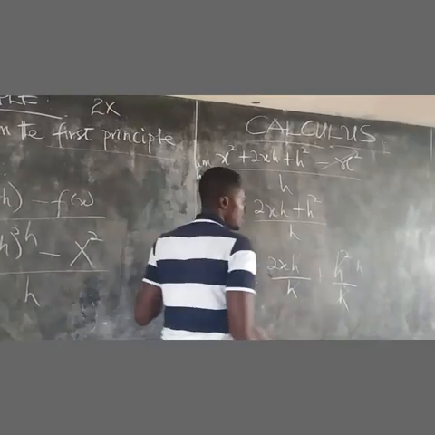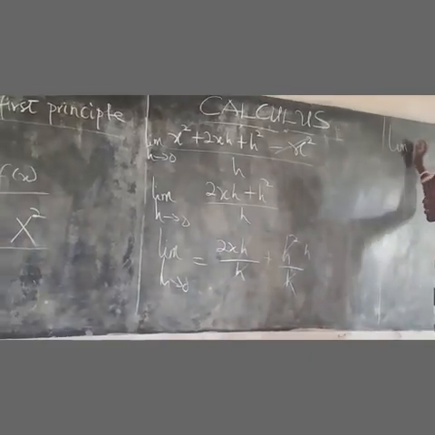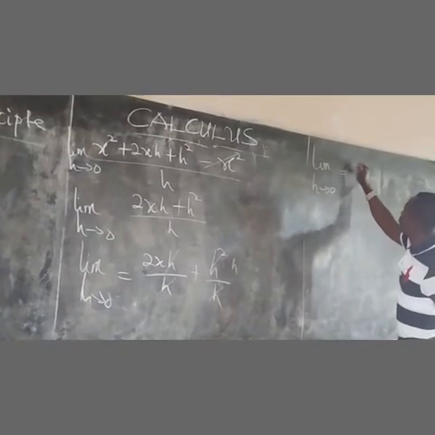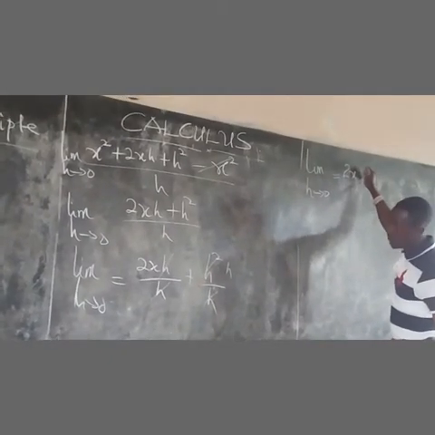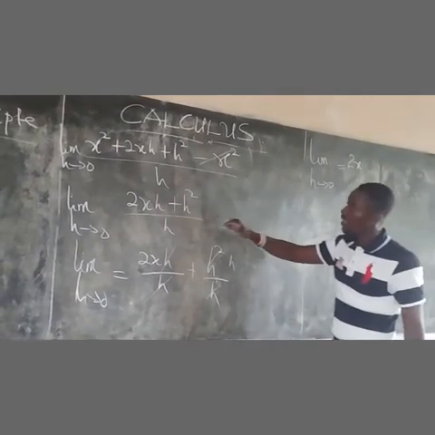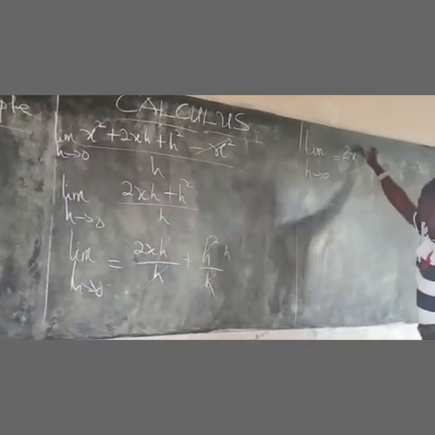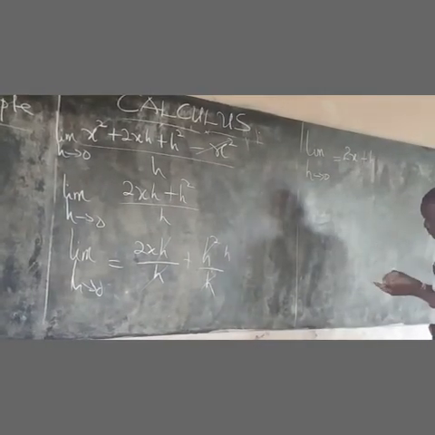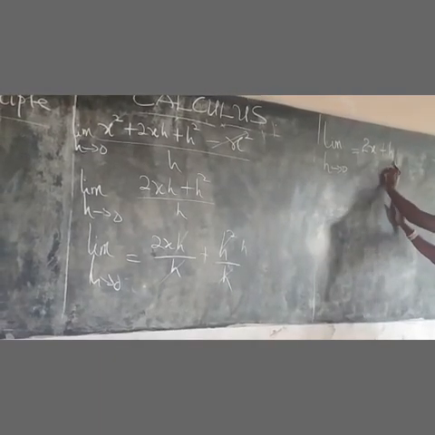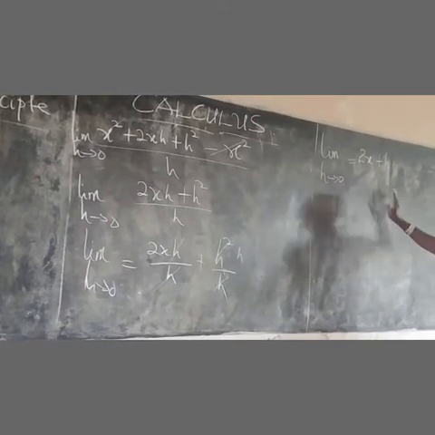So now we have the limit as h approaches 0 of 2x plus h. Now, if you substitute h equal to 0 into this function, the function will be defined.